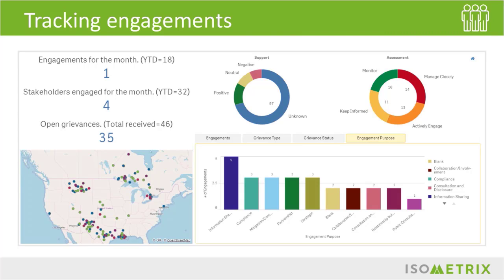Here we can see, for example, a summary that a particular user of the system could set up for themselves, and then realize that for that month there's still a certain amount of grievances that are open that need to be attended to, and that might raise a red flag to say, why are we behind on managing and closing out our grievances?